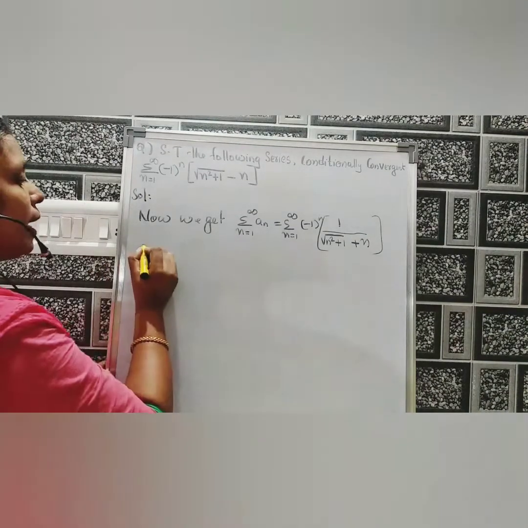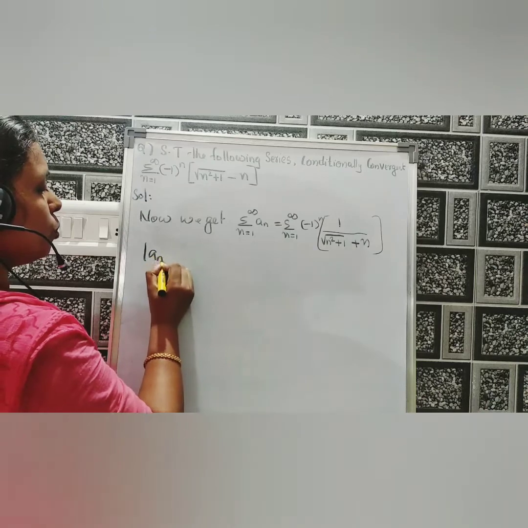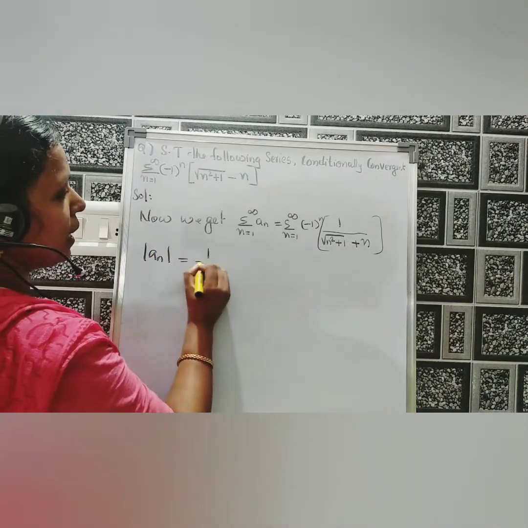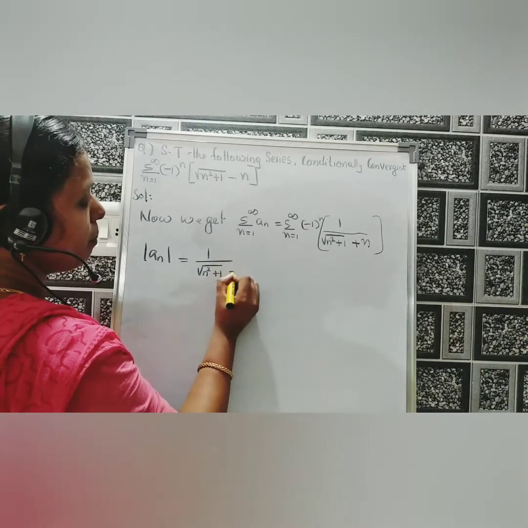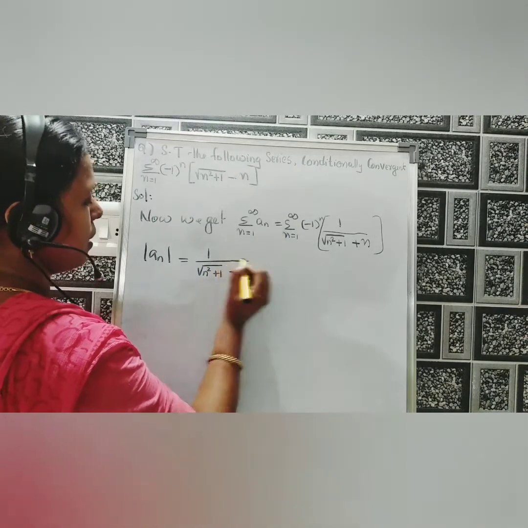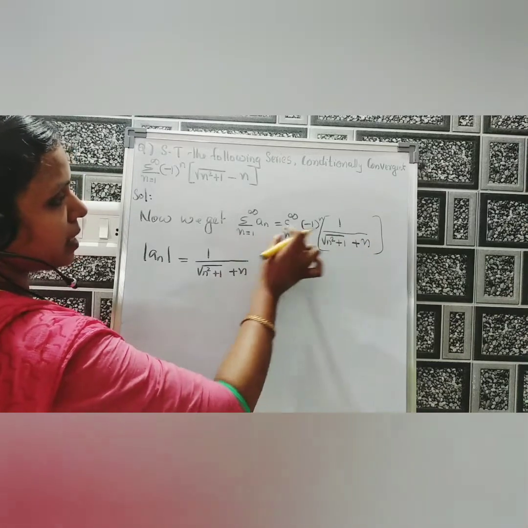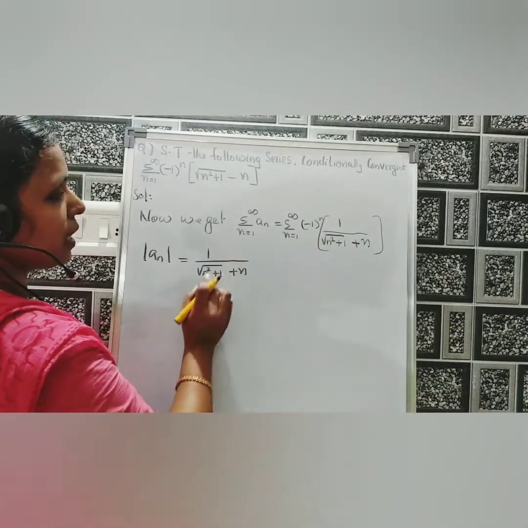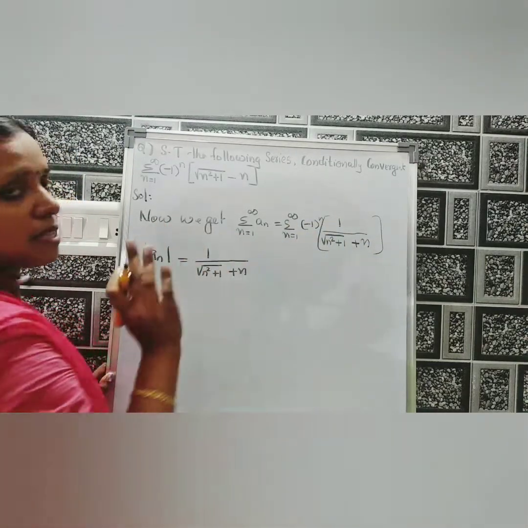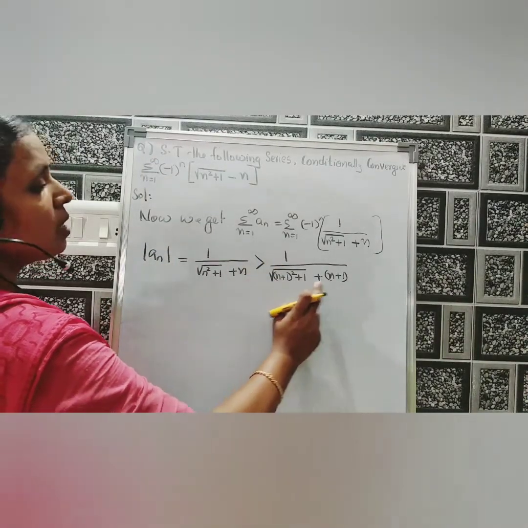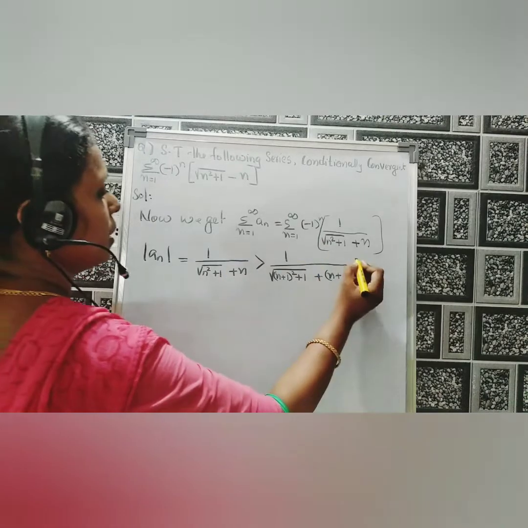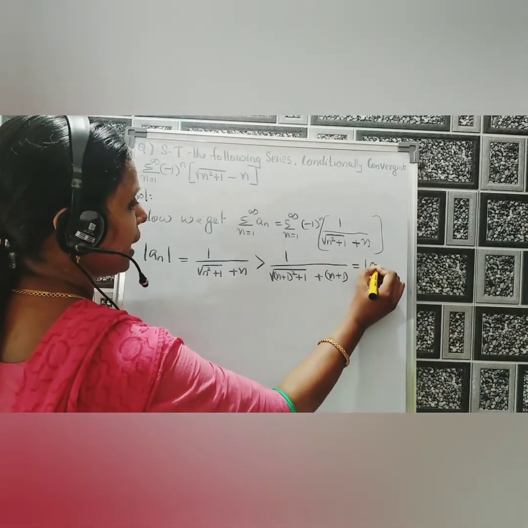This is an alternating series. Using the alternating series test, mod a n is equal to 1 divided by root of n square plus 1 plus n, which is greater than 1 divided by root of (n plus 1) whole square plus 1 plus n plus 1.